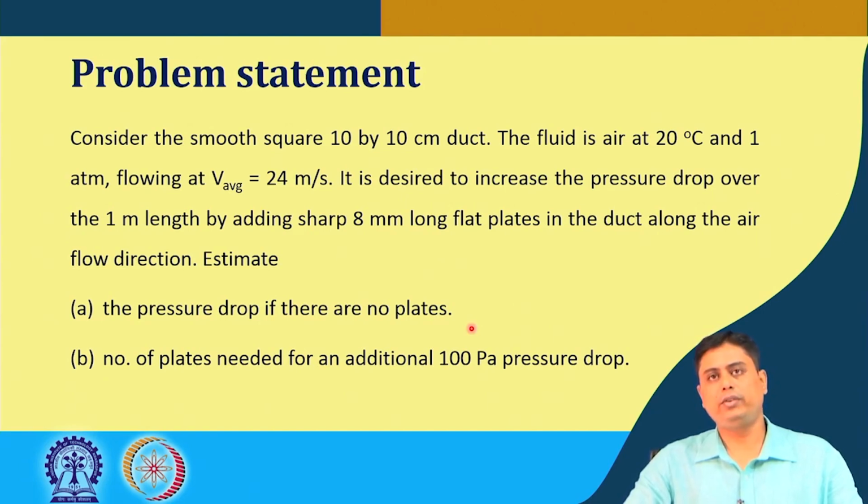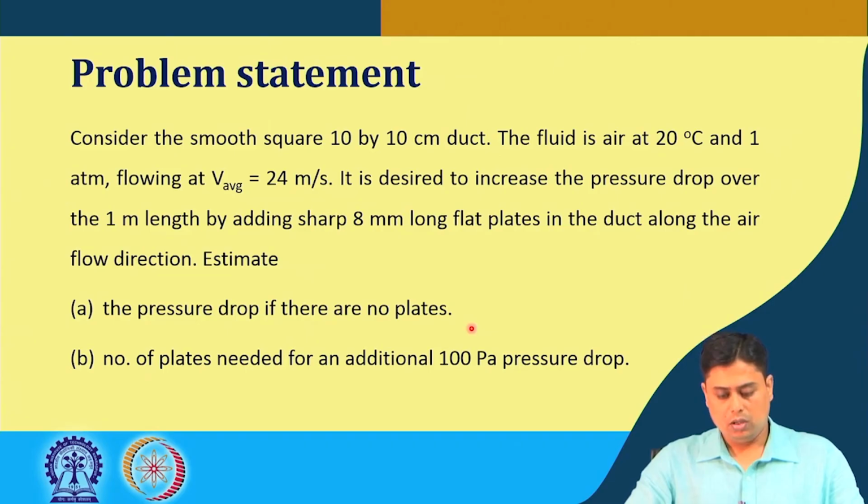It is desired to increase the pressure drop over the 1 meter length by adding sharp 8 millimeter long flat plates in the duct along the direction of the air flow. So, first of all, we have to estimate the pressure drop if there are no plates, and secondly, in order to increase that pressure drop by 100 Pascal, how many plates are required?